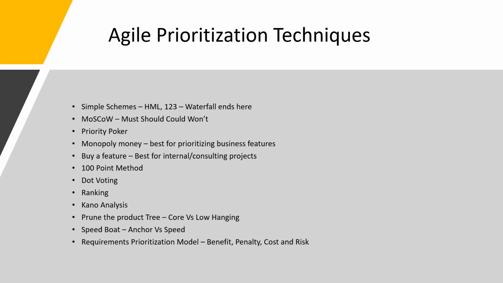So you have features which are anchors, and you have features which add more speed. Based on what kind of feature it is, you can say, this anchor is very important for me, because if I don't develop this, I will not have any speed in future. Whereas where you do not have any anchors, if I develop this, my product will give me more return on investment, so I prioritize that.